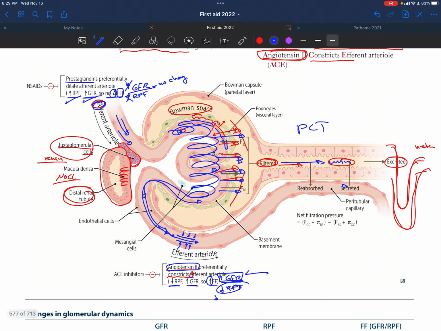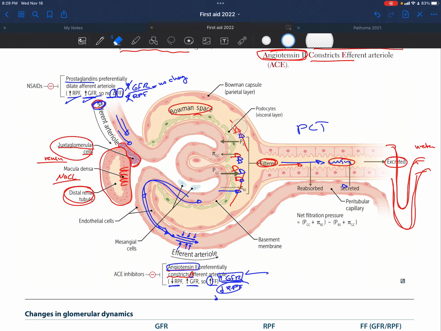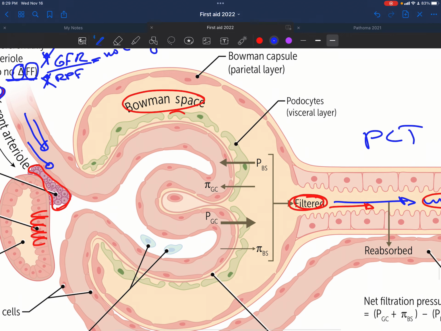One very important thing to know is that both of these spaces, the space within the vessel and the space within the Bowman capsule, or Bowman space, each has two different types of pressures. Within the vessel, the blood has hydrostatic pressure.